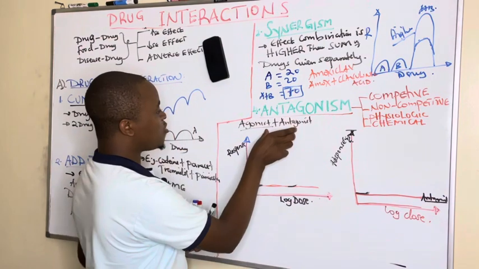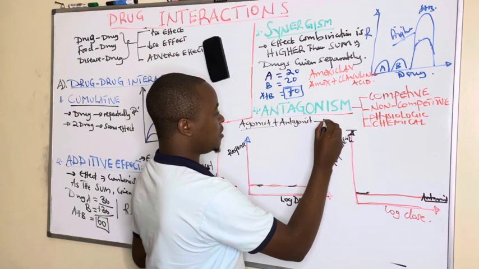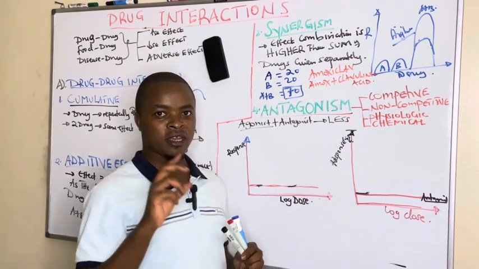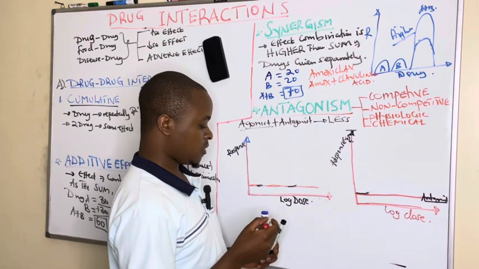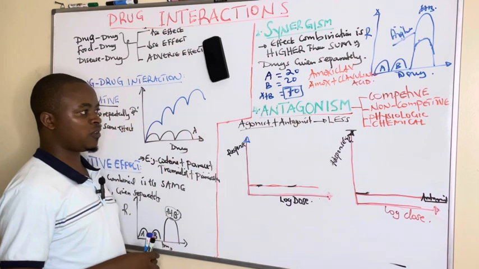Hence, when given in combination, the response is less compared to the sum when given separately. So here we are producing a reduced response in the presence of an antagonist.